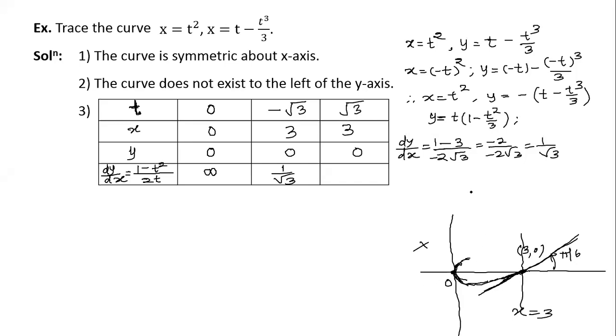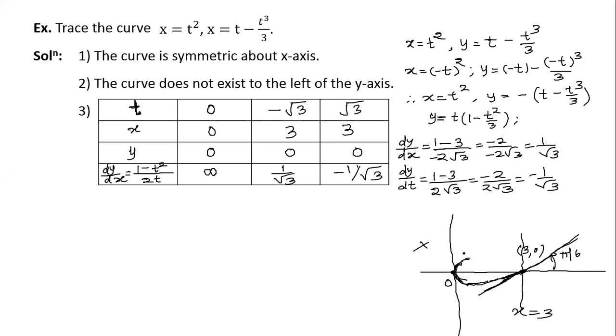Then the next thing is that there is another value of t, root 3. So at that value of t, dy by dx is 1 minus 3 upon 2 into root 3. So that is minus 2 upon 2 root 3, that is minus 1 by root 3. So dy by dx is minus 1 upon root 3.